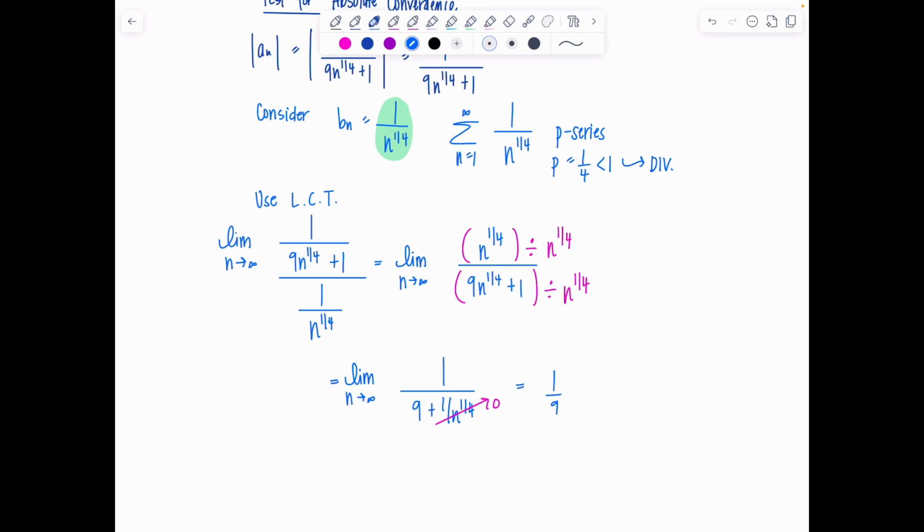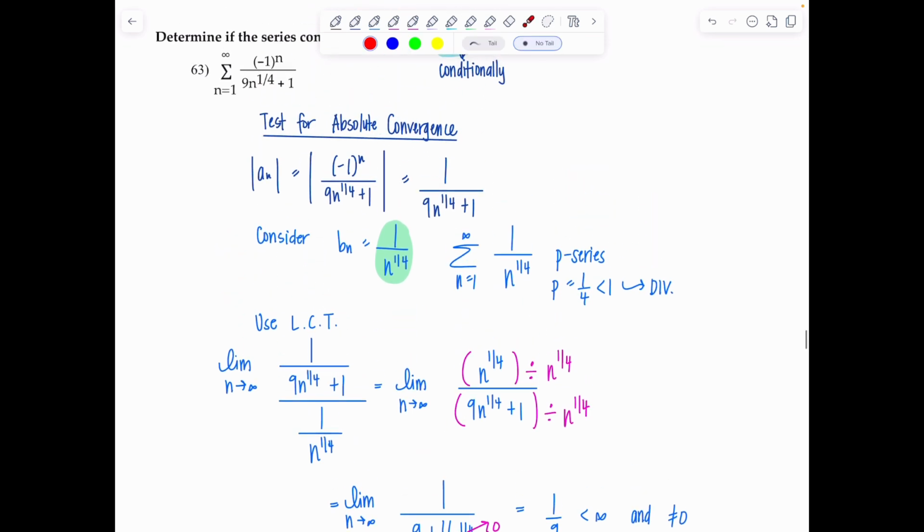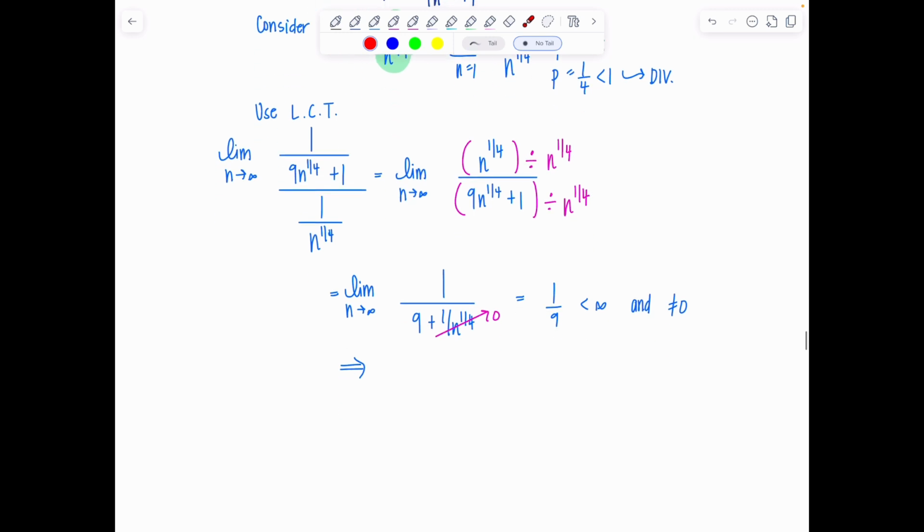And no, I'm not comparing it to 1. I only do that for the ratio and root tests. For the limit comparison test, all I care about is whether or not this number is finite and non-zero, which it is. Finite and non-zero. What that tells me is my series behaves the same as whatever I compared it to, this divergent p-series.